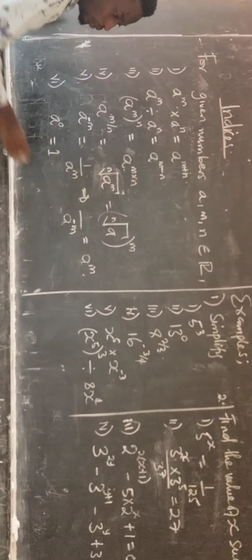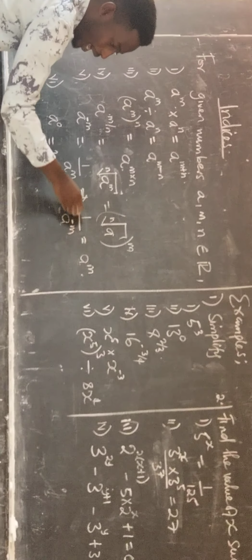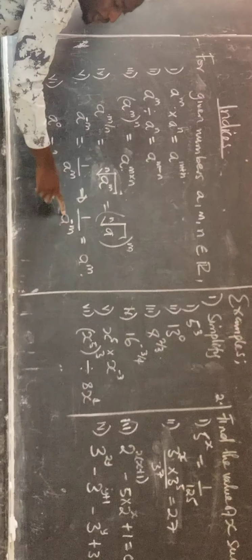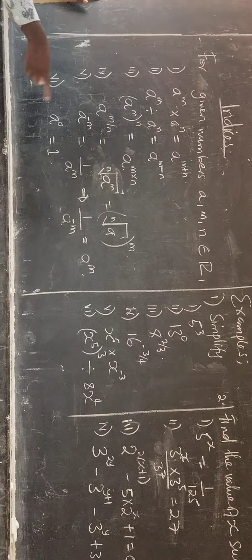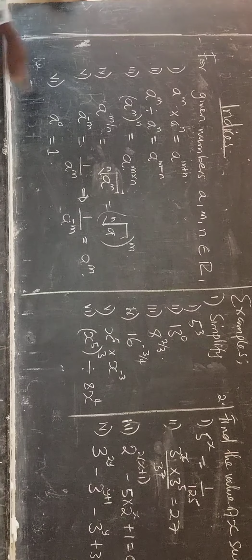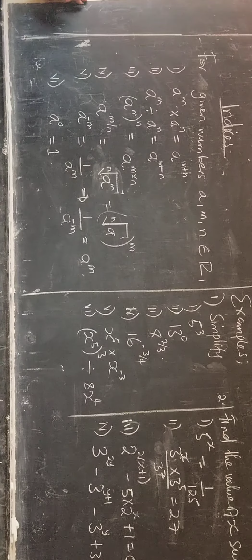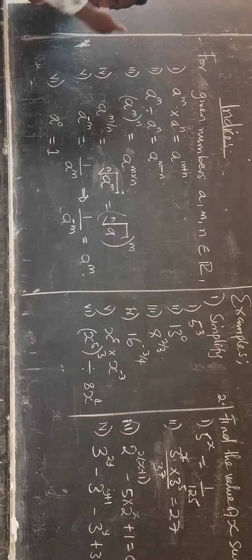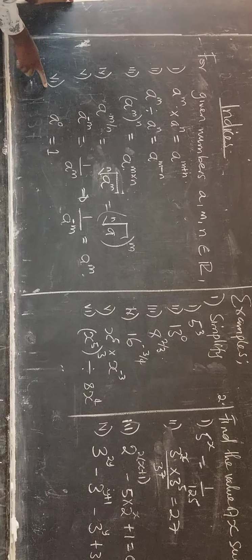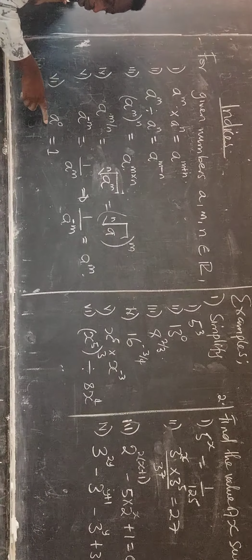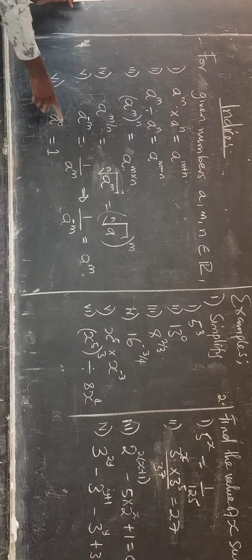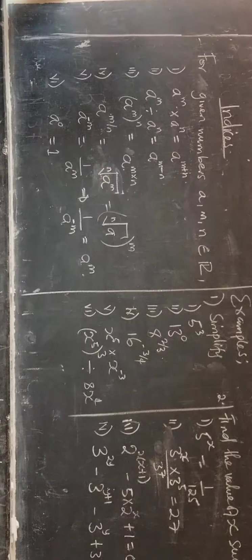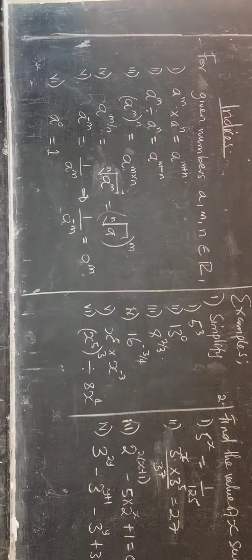The negative will always mean the reciprocal of that number. Then lastly, any number power 0, because a represents any real number, will always be 1.